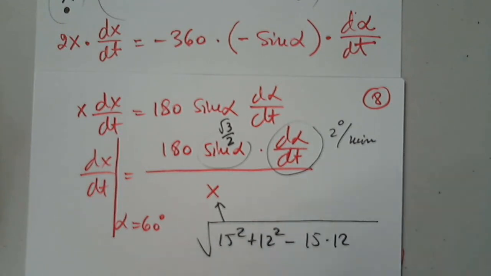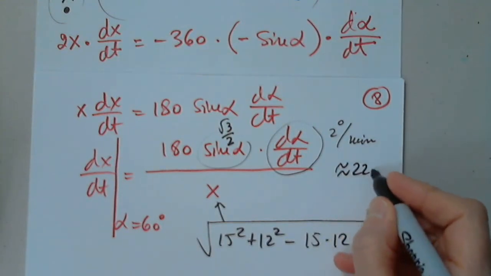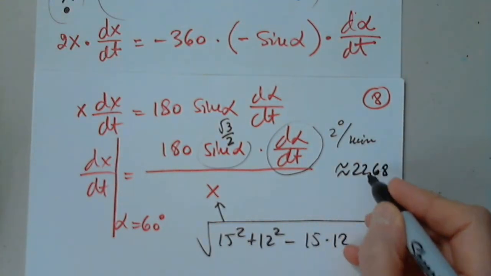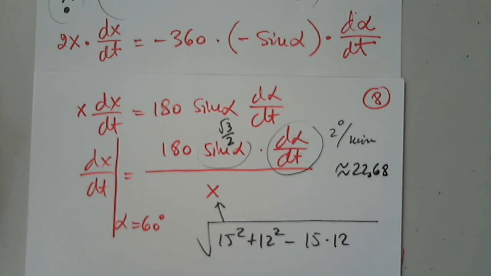And I get 22.68. So approximately 22.68. This is the rate of change. What is the measurement unit? And it has to have 2 measurement units. What measurement units?